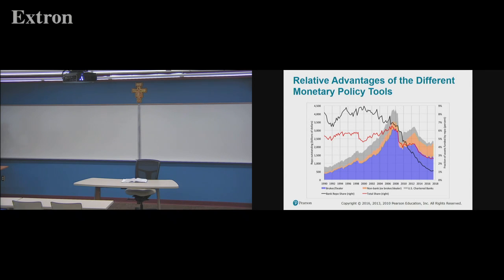Here we have the repos outstanding and the fraction of assets funded by repos. So yeah, we can see the number of repos that banks have used has also fallen substantially since the financial crisis.